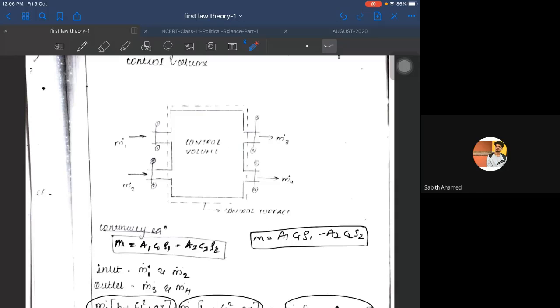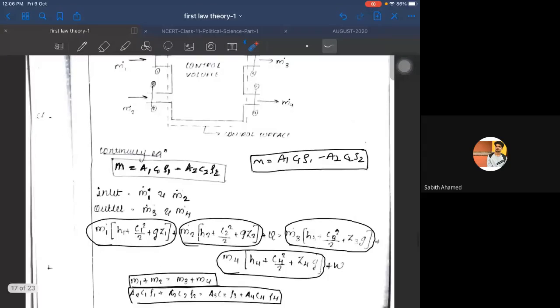So the control volume is having multiple inlets and multiple outlets, as in this particular case here. It is M1 dot, which is entering, and M2 dot is entering, and M3 dot is exit, and M4 dot is exit. So how to apply SFEE for this?